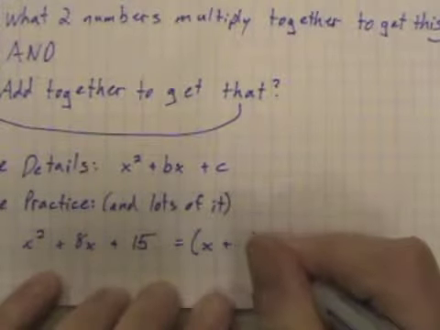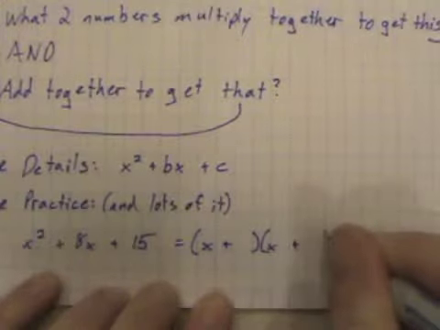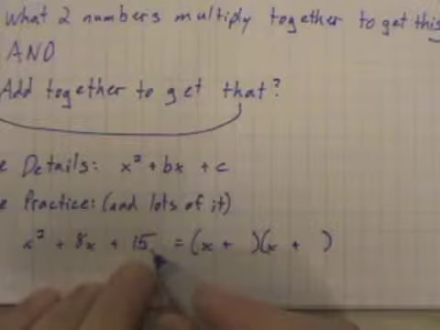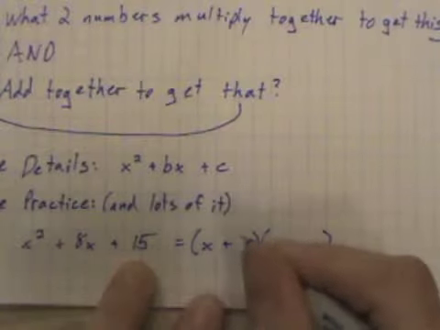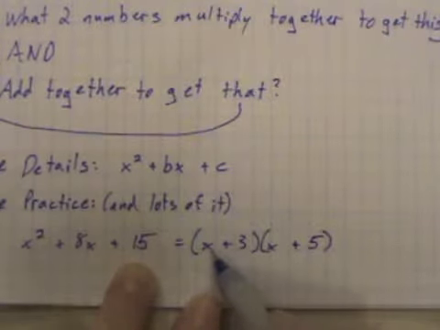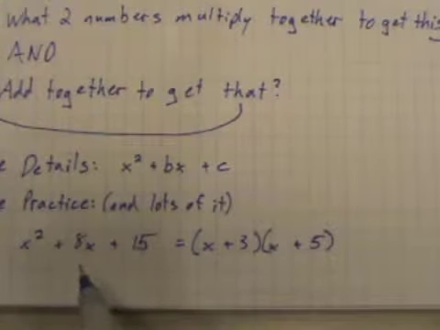X plus here and x plus here. And hopefully in the time it took me to write that, you realized that 3 and 5 multiply together to get 15 and add together to get 8. To check your work, multiply this out like we were doing in the last section. The answer you get will be this.